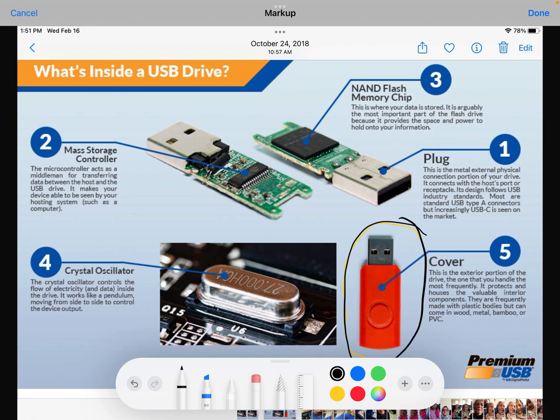Over here, they removed the cover. Inside it, you see the same kind of chip that was in the solid state SSD. The only difference is that SSDs come in bigger capacity, and these USB drives are usually 128 GB or 32 GB, stuff like that.